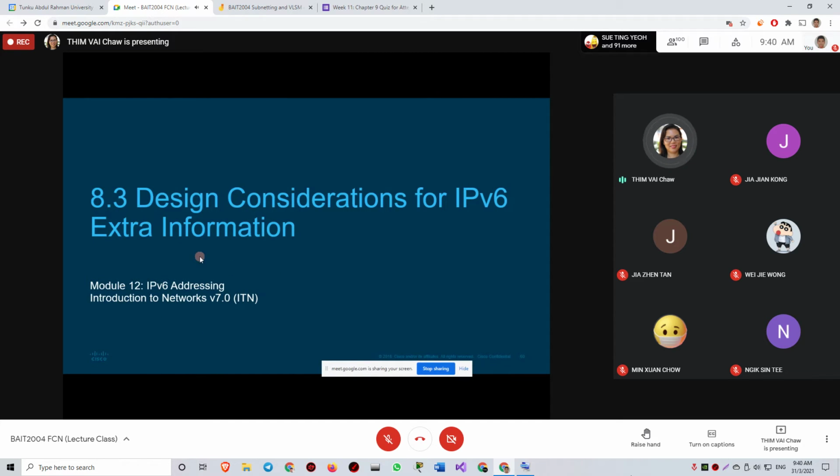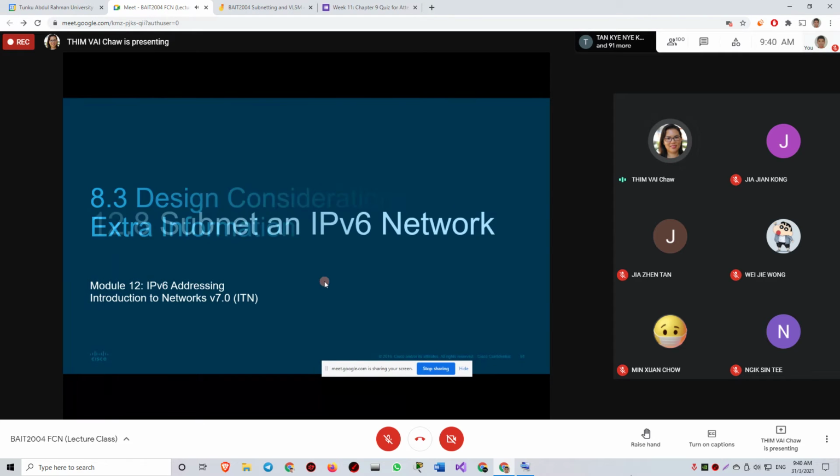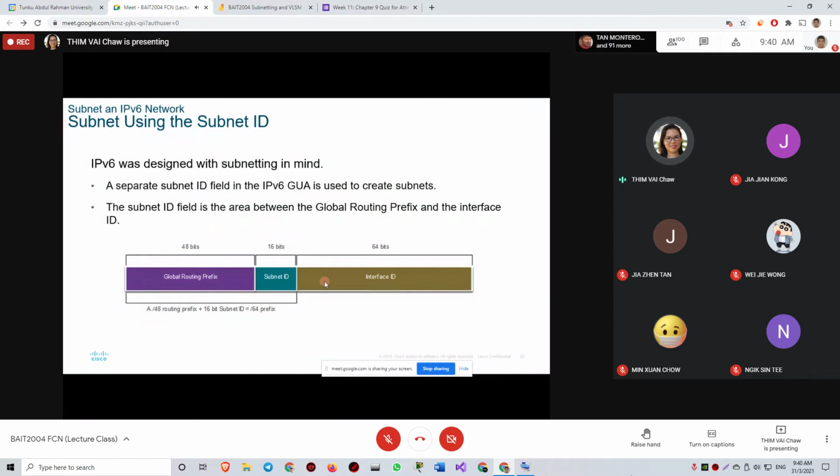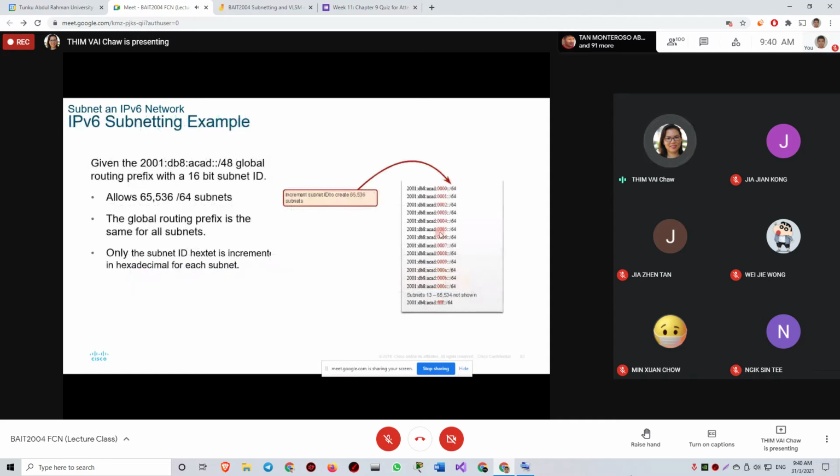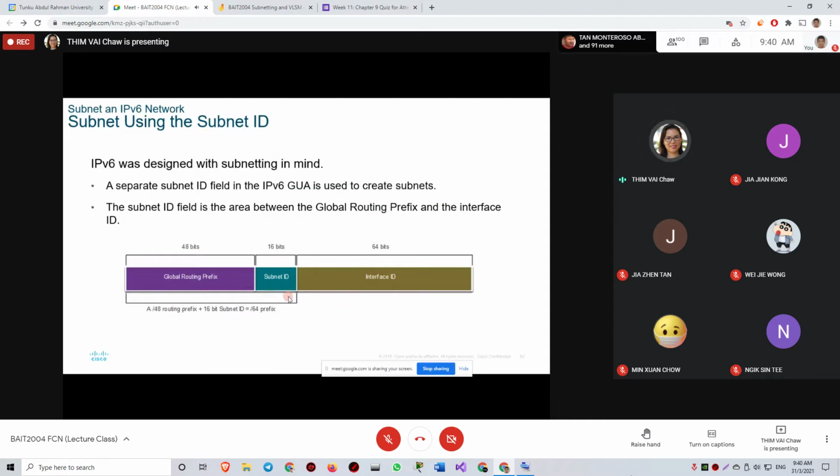This one is extra information telling you about designing for IPv6. IPv6 can also do subnetting. Under your global prefix, your interface ID still remains 64 bits, and 16 bits are used for the subnet ID.